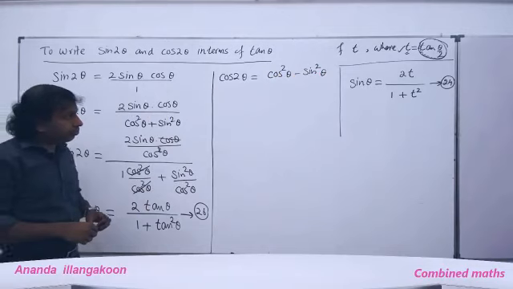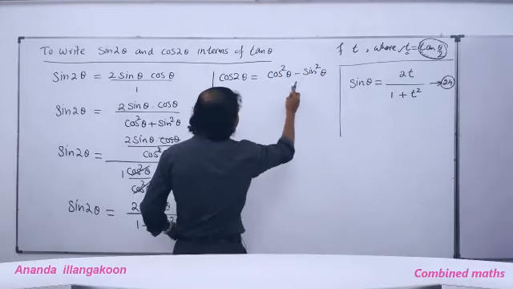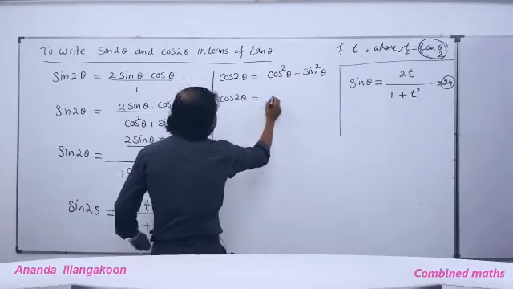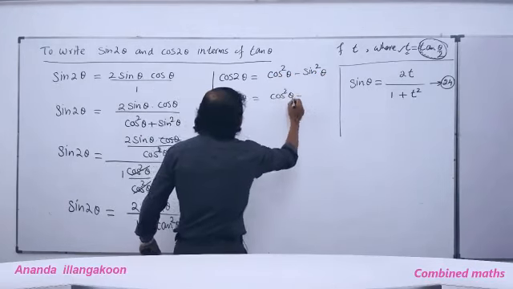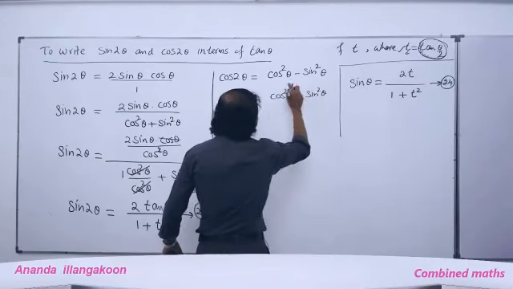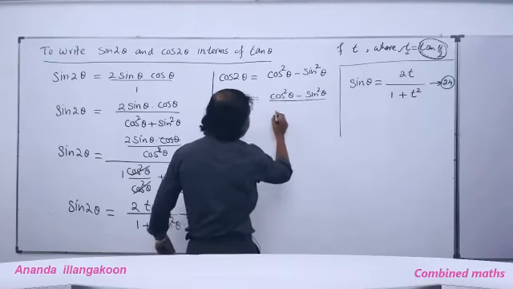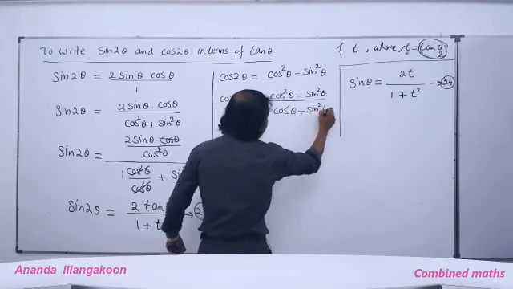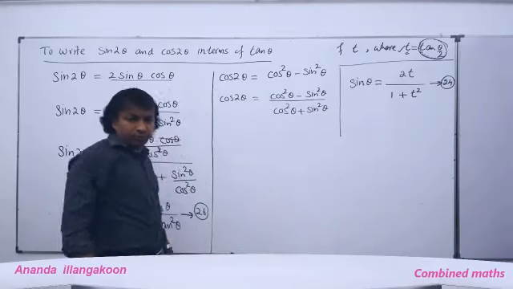Now here, this denominator is 1. Cos 2 theta is equal to cos squared theta minus sin squared theta, and this denominator is 1. That 1 I can write as cos squared theta plus sin squared theta. Understood?